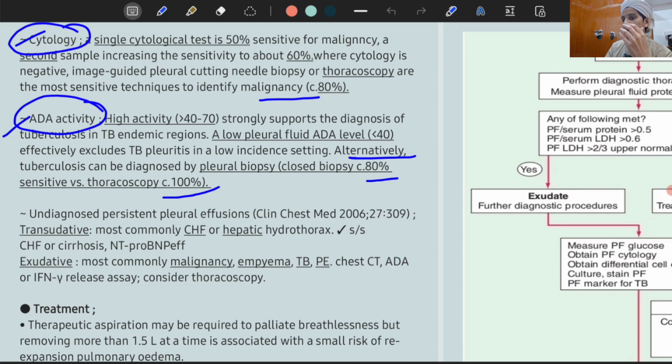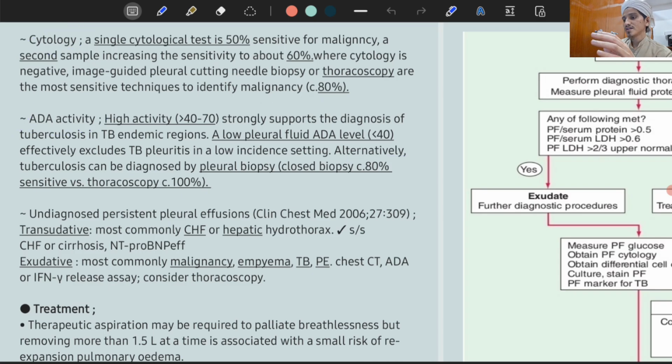Next, if after doing all these you don't know the reason for pleural effusion, those are called undiagnosed persistent pleural effusions. Okay, so what can be the cause? The most common causes, if it is transudative, will be congestive heart failure and hepatic hydrothorax. So there will be symptoms and signs of congestive heart failure or cirrhosis.